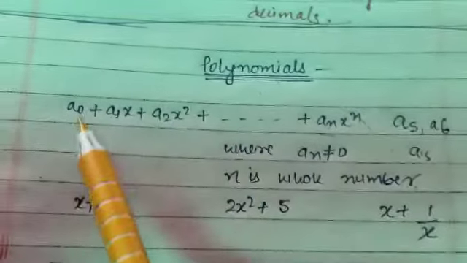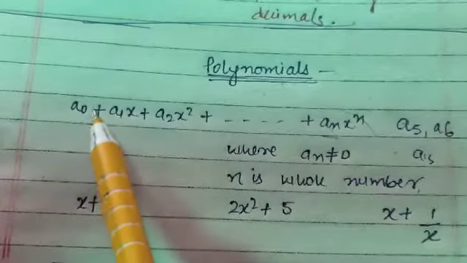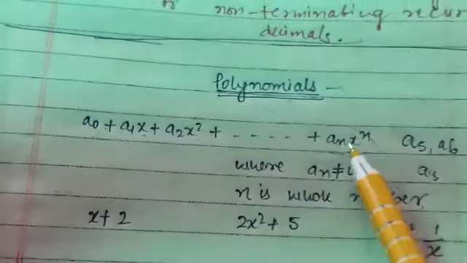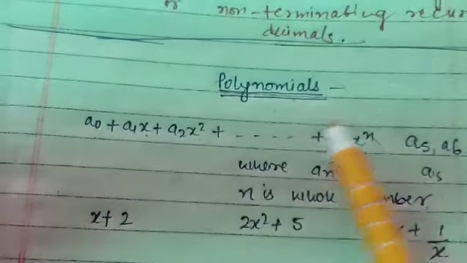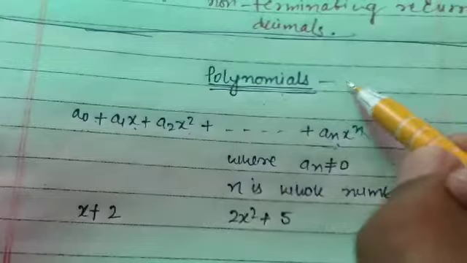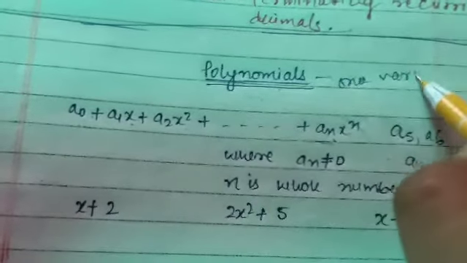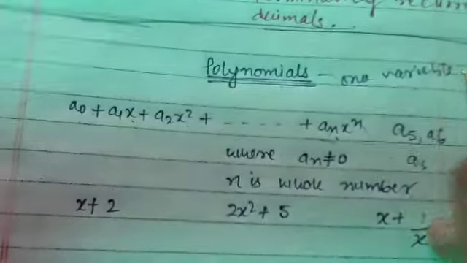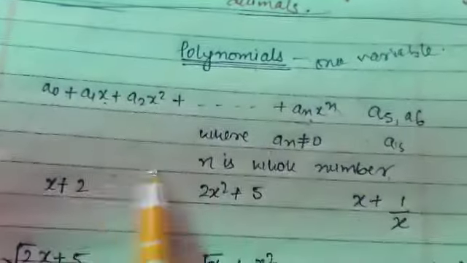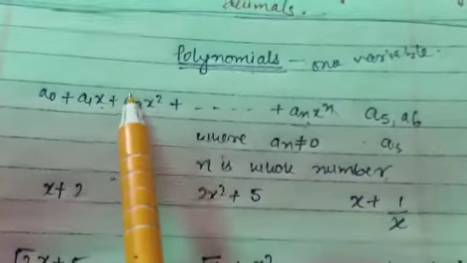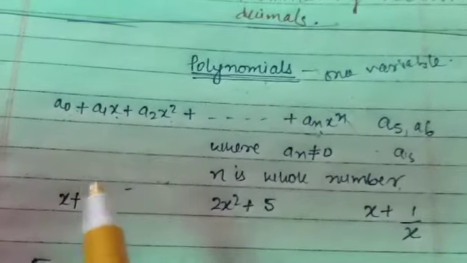These are numbers, and the variable is clearly shown here, x. So in our syllabus we are discussing only one variable. We will discuss polynomials with only one variable, so here we have taken x as a variable.